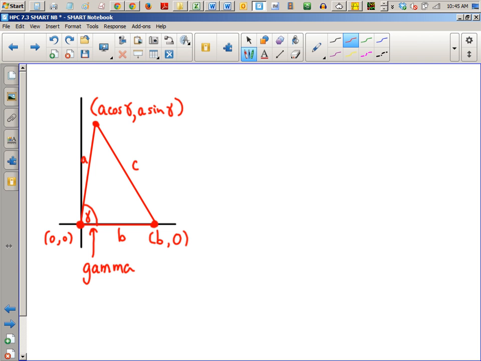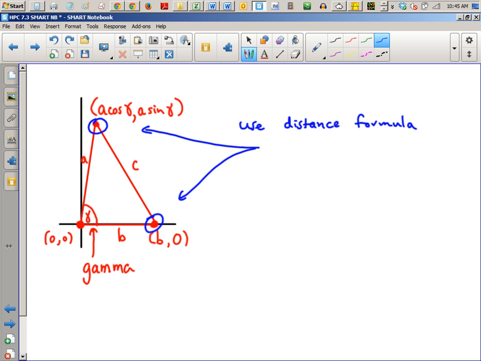Let's go ahead and write down the distance formula between these 2 blue points. How do you write the distance formula? Trying to get the distance between those 2 points. You guys remember the distance formula? It's an old Algebra 1 formula.